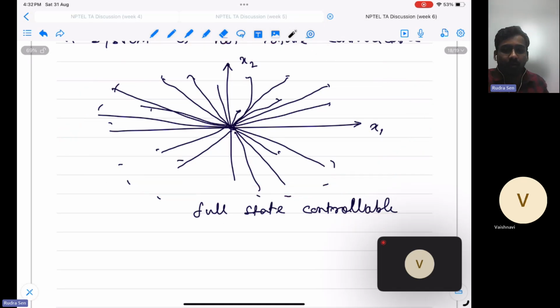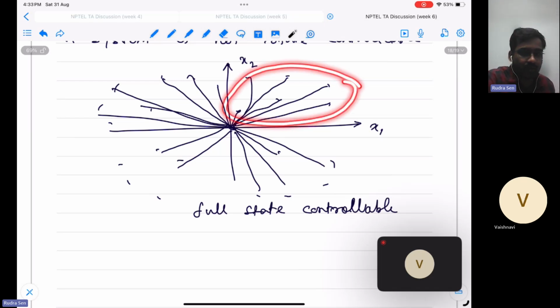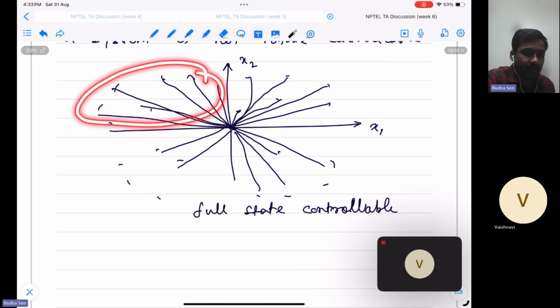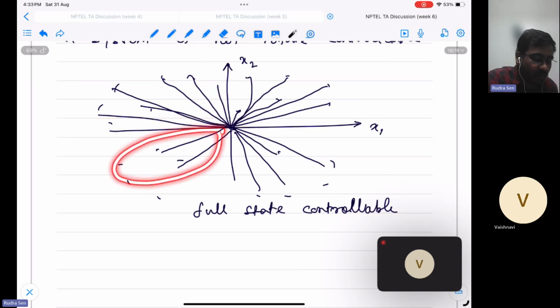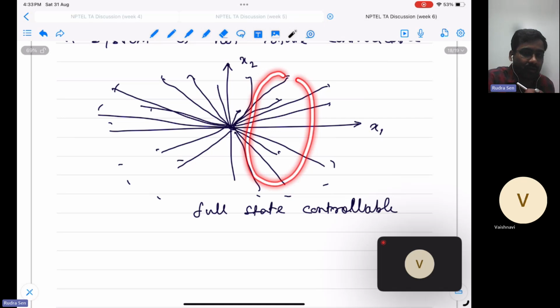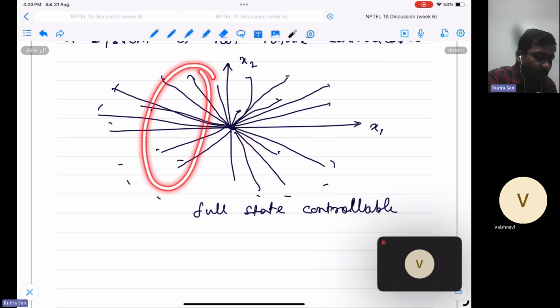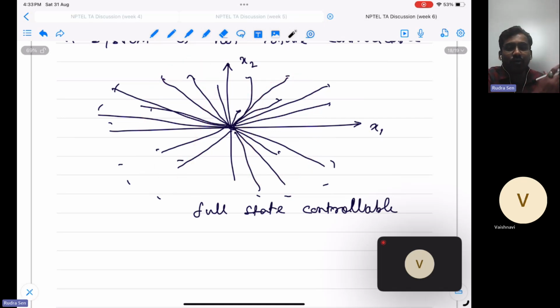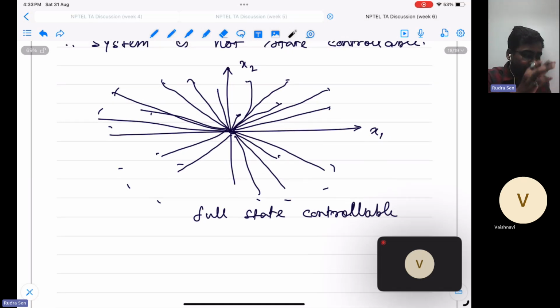But if it is not fully controllable, it may explore only this portion, or only this portion, or only this portion. That means the system can explore only a few portions if it is not fully controllable.